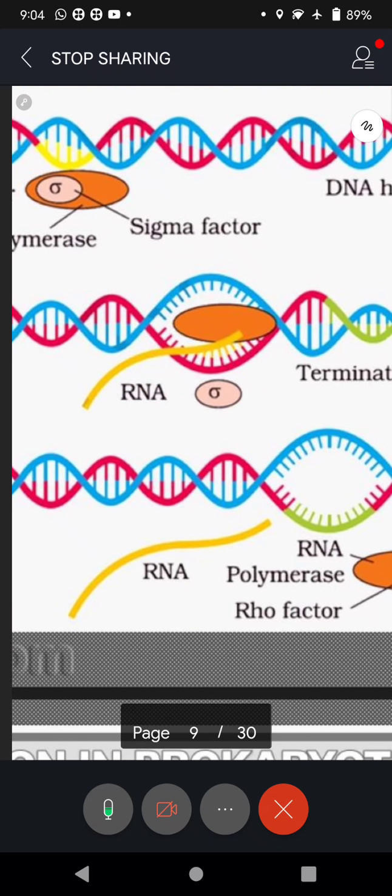Where is the Rho factor? Termination. Right? You must differentiate this. For termination, it is Rho factor. For initiation and elongation, it is sigma factor. I hope you made it clear in your mind.